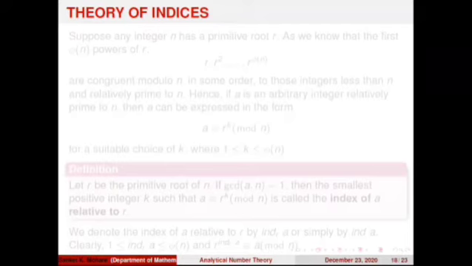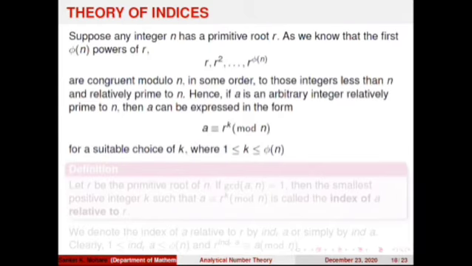Okay, the theory of indices. This chapter is concerned with a new idea about the concept of index, and this was introduced by Gauss. Suppose any integer n has a primitive root r.